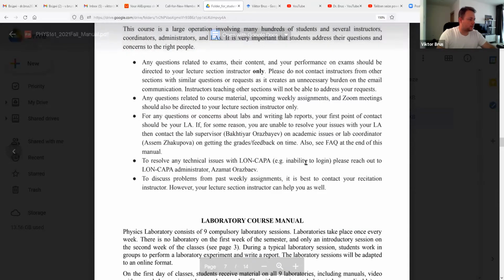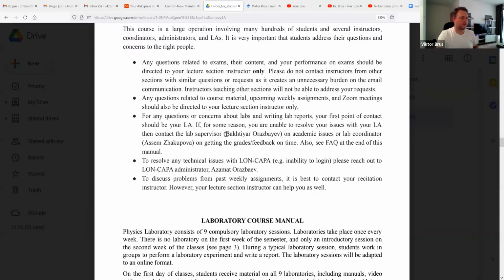I guess I mentioned that with LongCAPA you contact Azamat Orasbayev, our LongCAPA administrator, lab coordinator Sam Zakupova, and lab supervisor Bakhtiar Orasbayev. Please don't submit these appeals often.